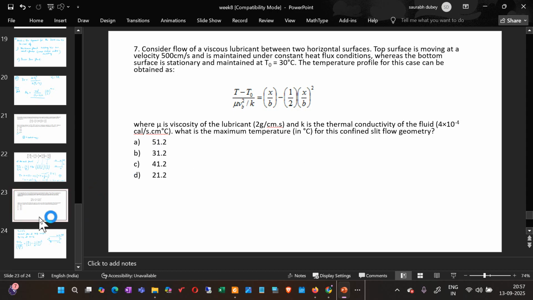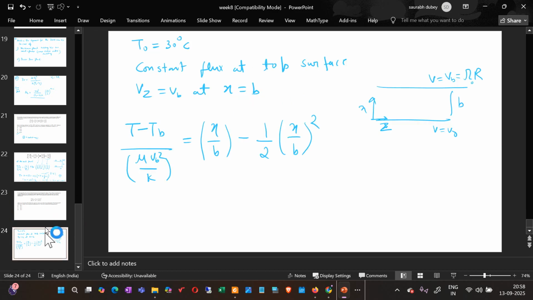So you know from the last problem that at the midpoint the temperature will be maximum, and it is x equals b by 2. The maximum-minimum concept that we have seen, it is equal to 1 by 2.